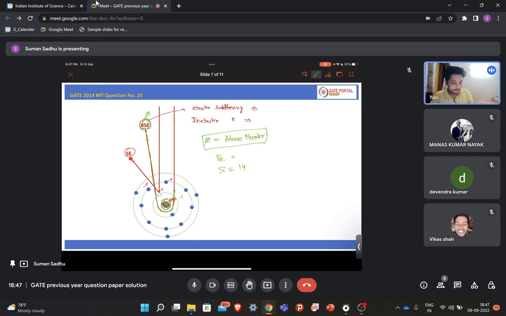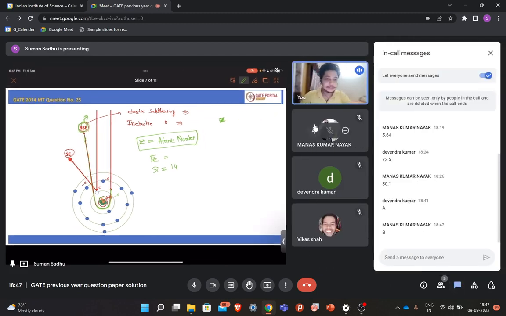That means it gives you an idea about which element is present, so you can do elemental analysis. But here the question asks about quantitative elemental analysis. That means you also have to know what quantity is present. The BSE electron can tell you which element is present, but at what quantity, it cannot give you that idea. Who said BSE?